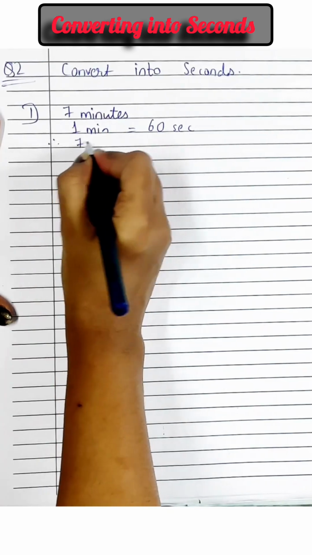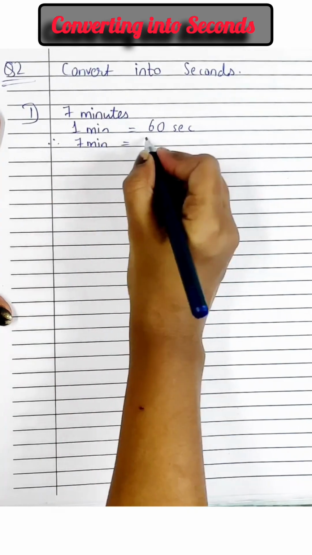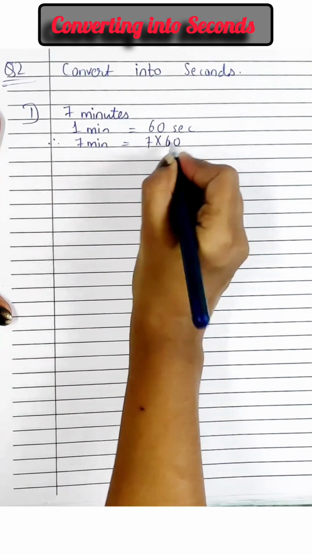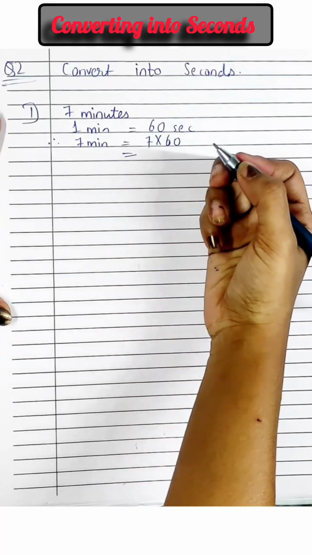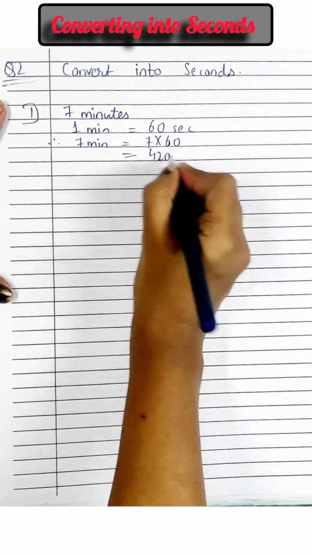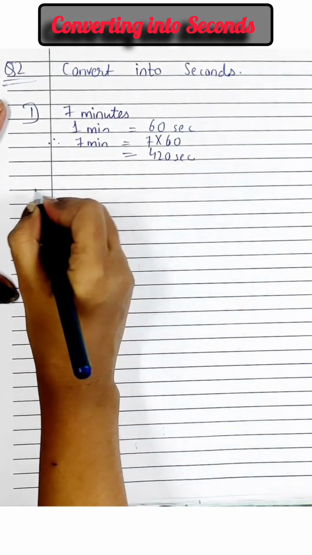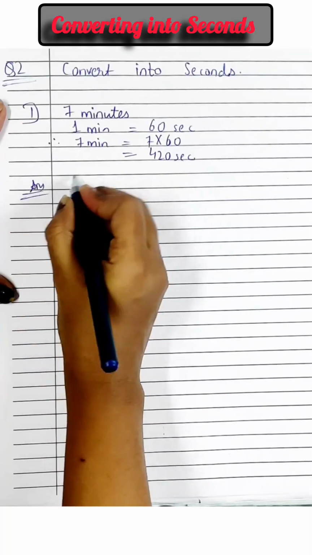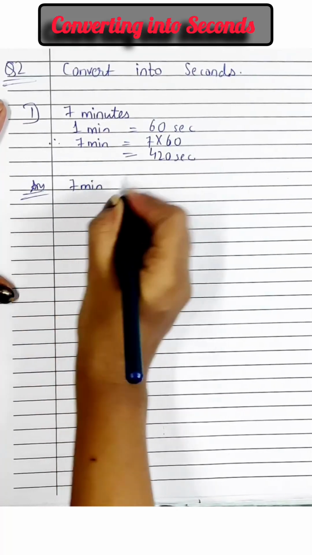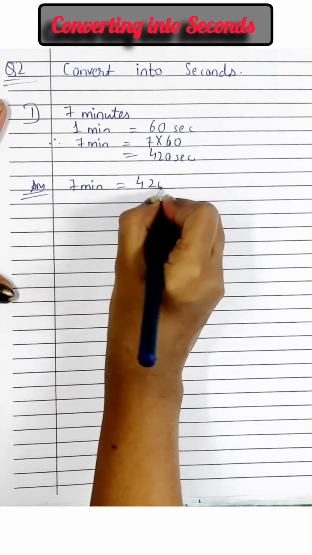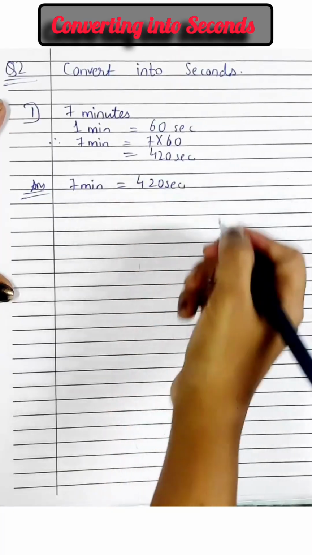Therefore 7 minutes is equals to 7 multiplied by 60. That means 420 seconds. So the answer is 7 minutes is equals to how many seconds, 420 seconds.